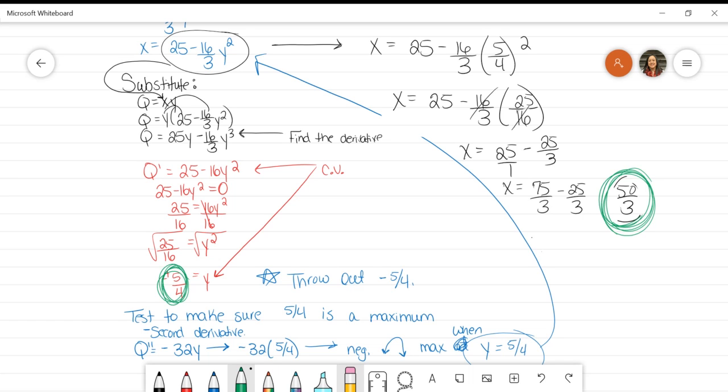So using the original equation, I need to find my max. My max is going to be found by using this function. So my max for my q function is going to be found by multiplying 50 thirds times that positive 5/4. And if I multiply that together, that is going to give me 125/6.